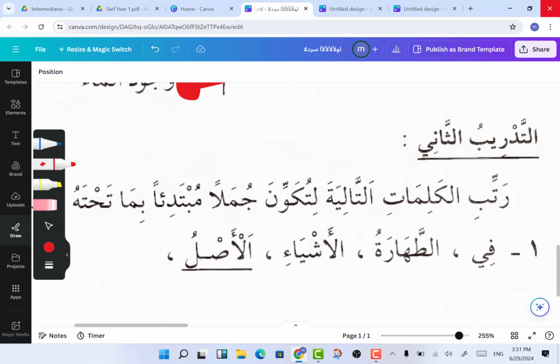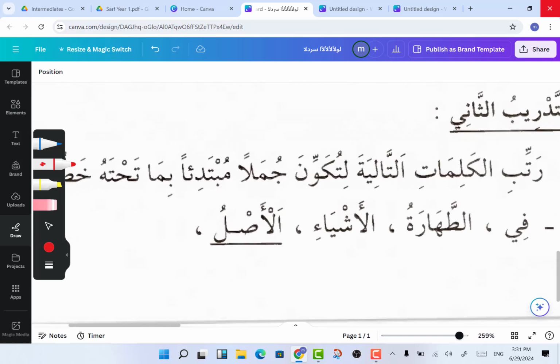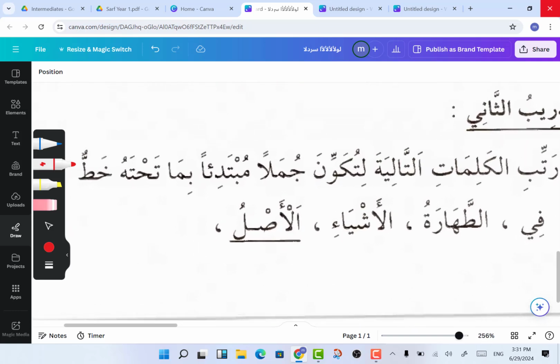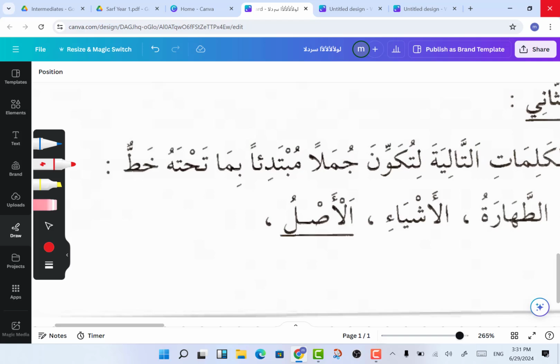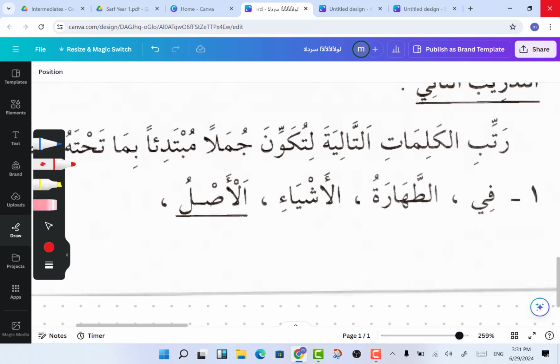So now we have at-tadribu athani. Rattibil kalimati at-taliyata litukawwina jumalan mubtadi'an bima tahtahu khattun. So we should arrange the following words so that we can get a meaningful sentence from each, starting with the underlined word. That means here you start with al-aslu, the word that is underlined.